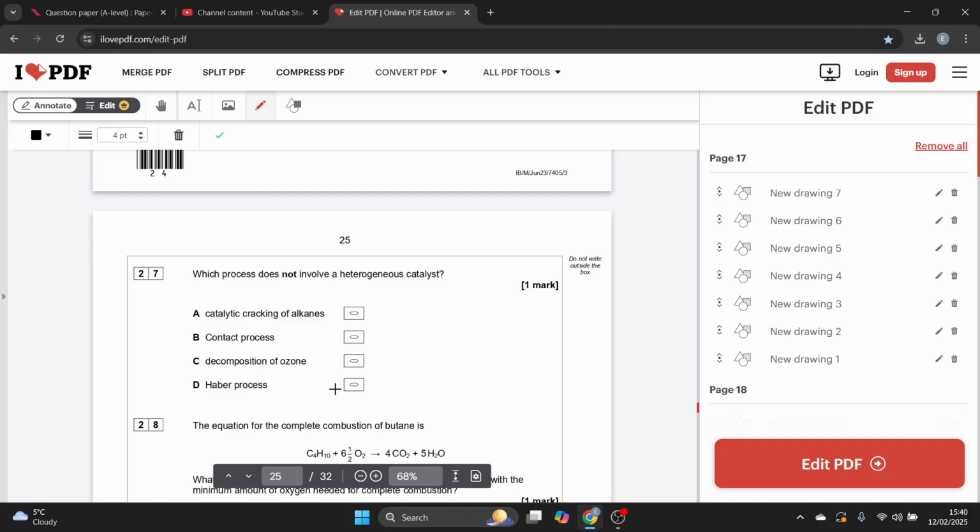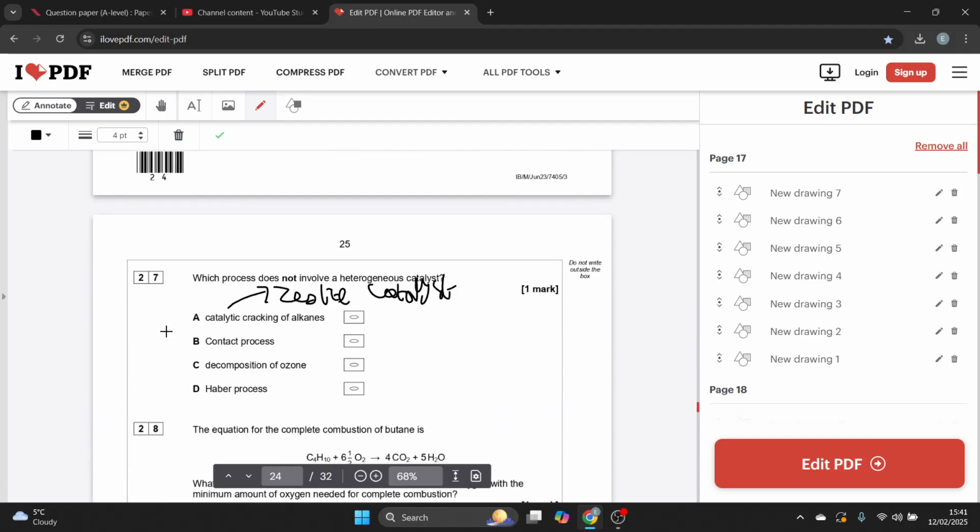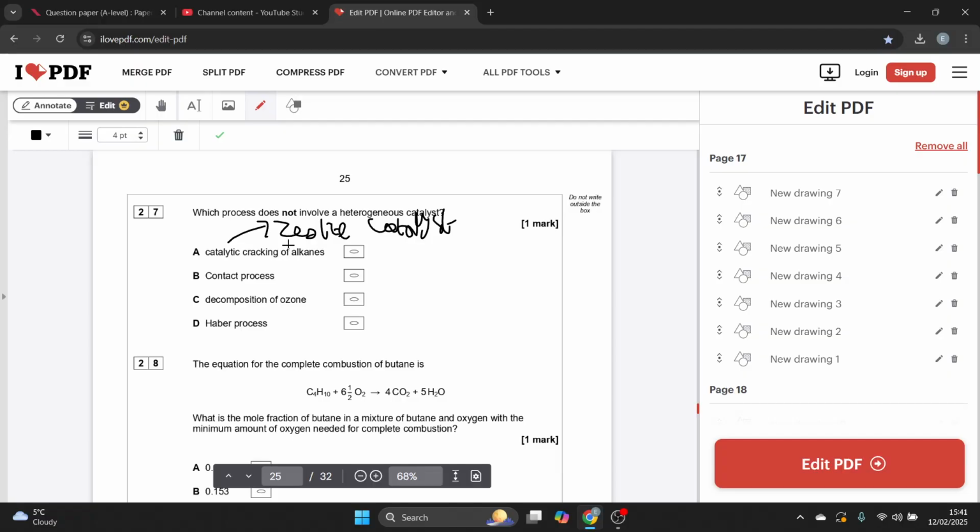Question 27. Which process does not involve a heterogeneous catalyst? Catalytic cracking of alkanes, well, that uses a zeolite catalyst, and that is a heterogeneous catalyst.